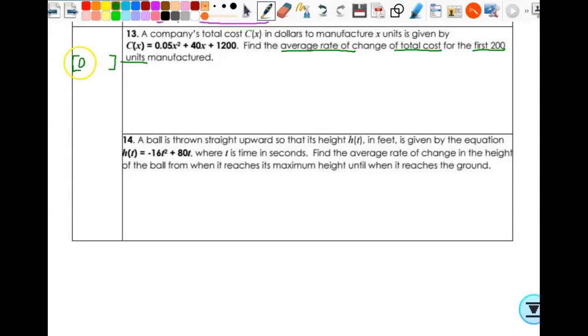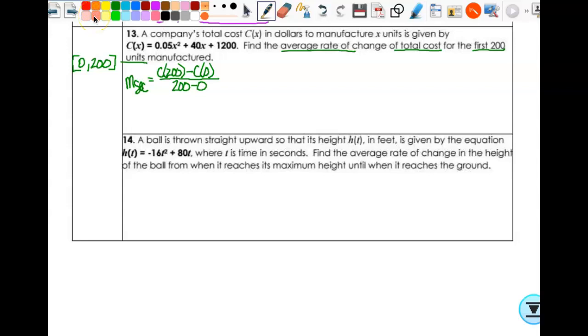So 0 to 200. All right. So my slope of that secant line is equal to, they're using C instead of X, so that's what I'm going to do. C of 200 minus C of 0 over 200 minus 0.